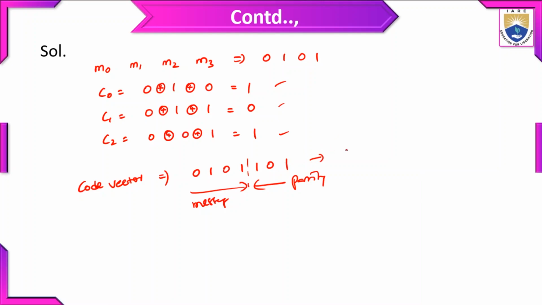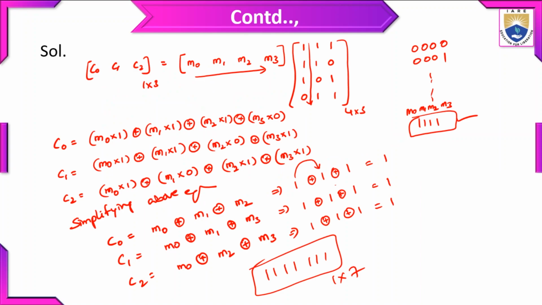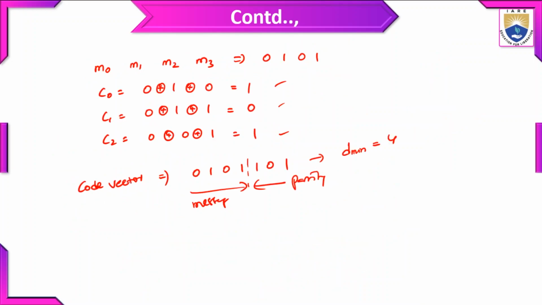For this code, the weight is 4. Whereas in the previous one, all are ones, so the weight is 7.